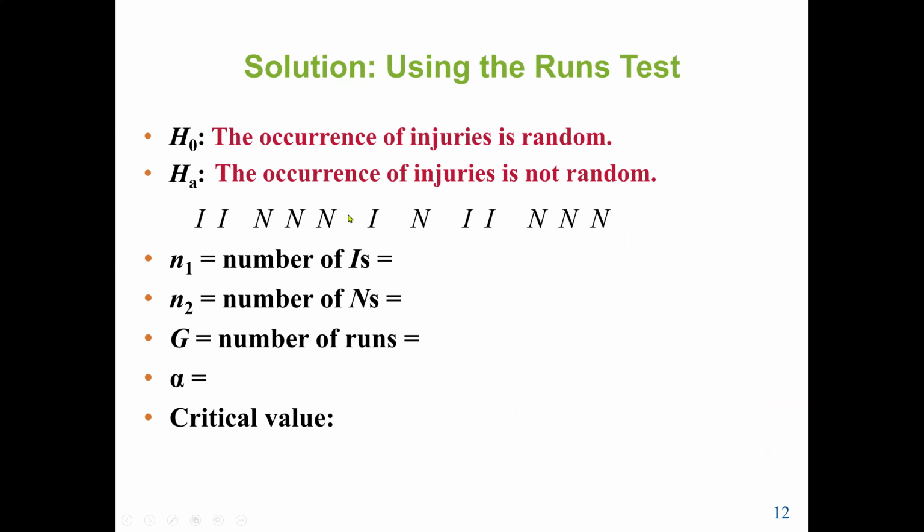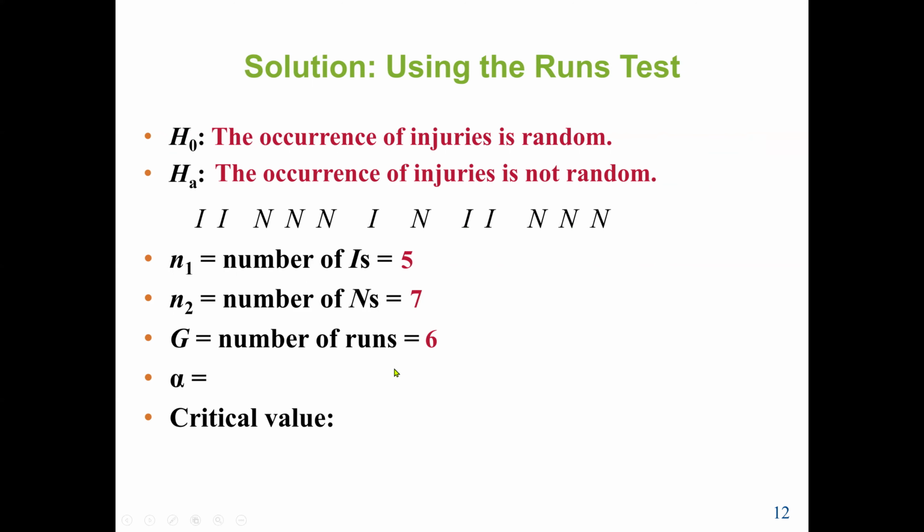Then we write the sequence down. When we write the sequence down, we can find N1. N1 will be the number of I's, so we have 1, 2, 3, 4, 5. Then N2 will be the number of N's, so 3, 4, and another 3, so 7. Then G will be the number of runs, which is I 1, N 2, I 3, 4, 5, 6.